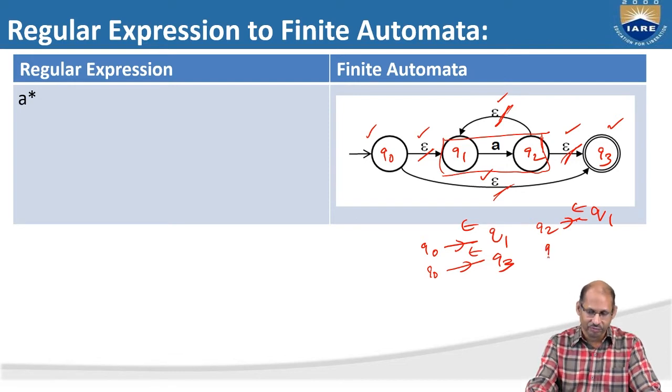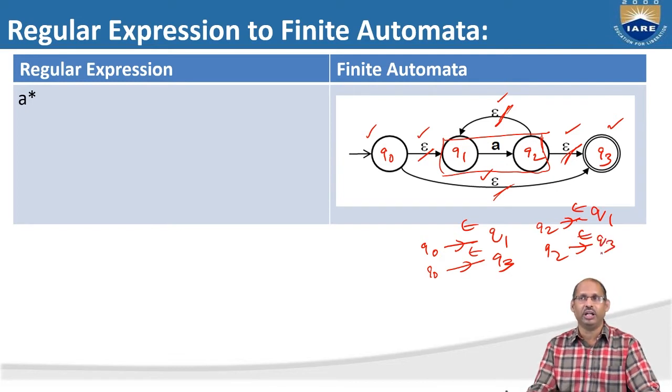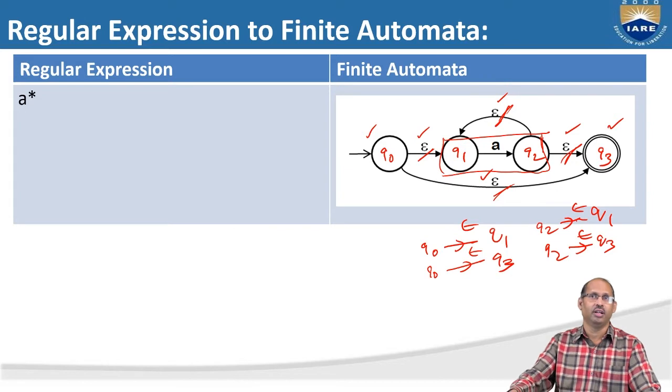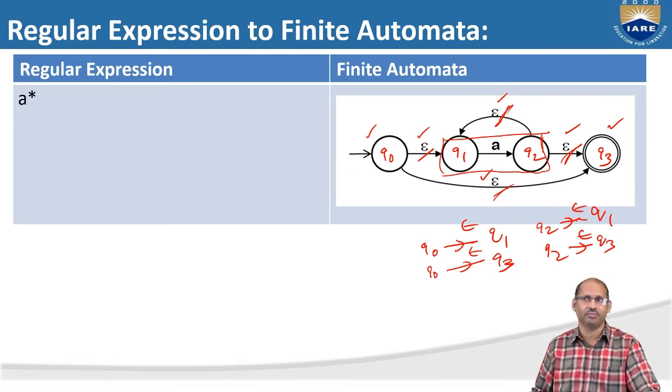Then finally, Q2 on epsilon goes to Q3. These 4 epsilon transitions are added for the finite automata A to convert into closure of finite automata, for the closure of A. Right?